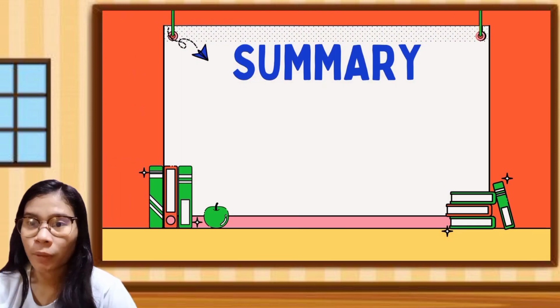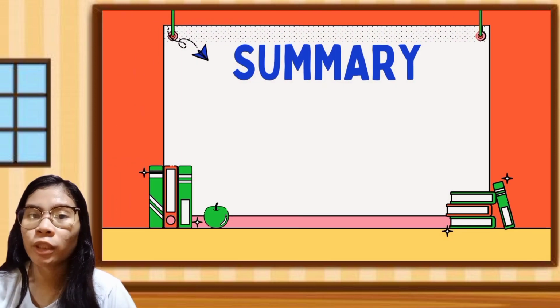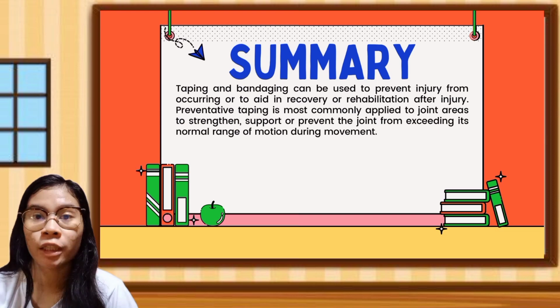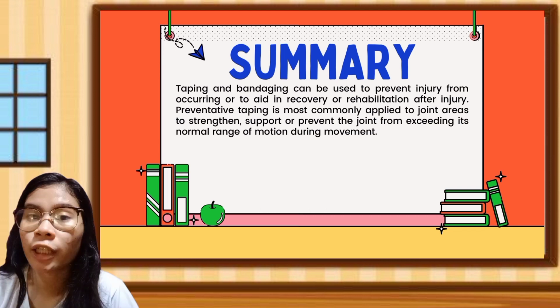Now for our summary, taping and bandaging can be used to prevent injury from occurring or to aid in recovery or rehabilitation after injury. Preventive taping is most commonly applied in joint areas to strengthen, support, or prevent the joint from exceeding its normal range of motion during movement.